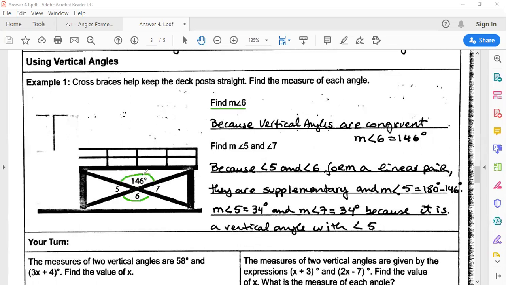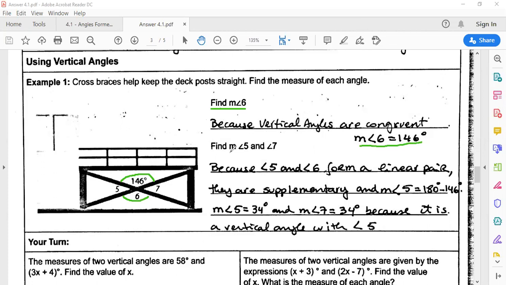Notice the angle 6 and this angle, they're opposites. That means they're vertical angles. Remember, vertical angles are congruent. They have the same measurement, okay? So that means that because vertical angles are congruent, the measure of angle 6 is 146, okay?